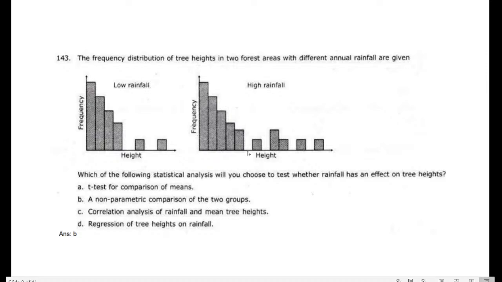If the height increases, the frequency becomes low. Which of the following statistical analyses will be chosen to test whether rainfall has an effect on tree height? The keyword here is whether rainfall has any effect on tree height. That is B, non-parametric comparison of two groups. It's a very important thing, non-parametric comparison of two groups.